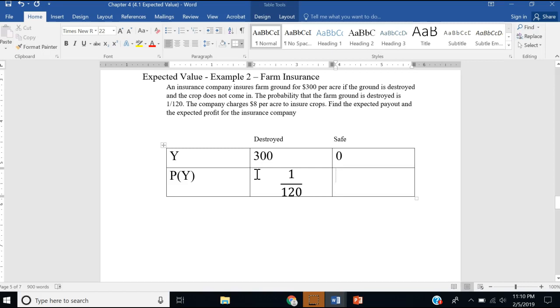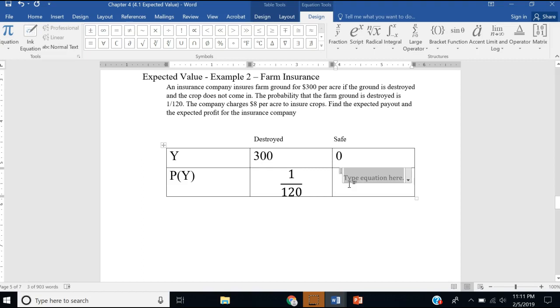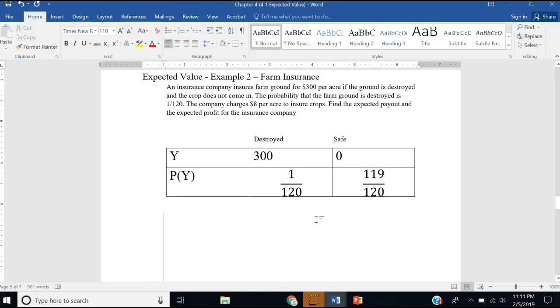Now, what's the probability that the ground is safe? Because of the properties of probability distributions, all of the outcomes are listed, so the probabilities have to add to 1. This one has to be the leftovers, 119 out of 120. In other words, safe is the complement of destroyed.